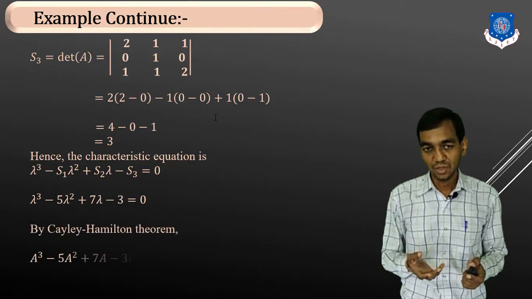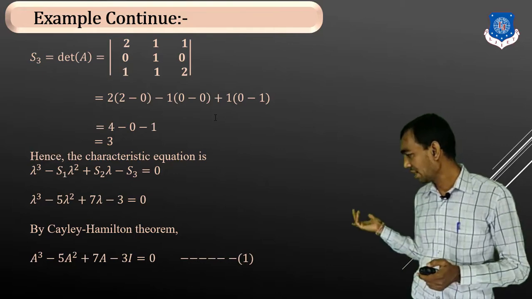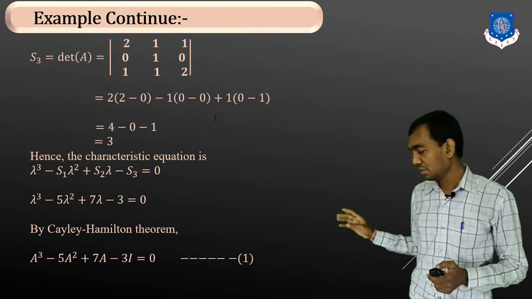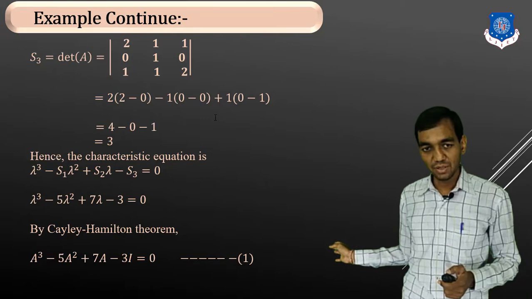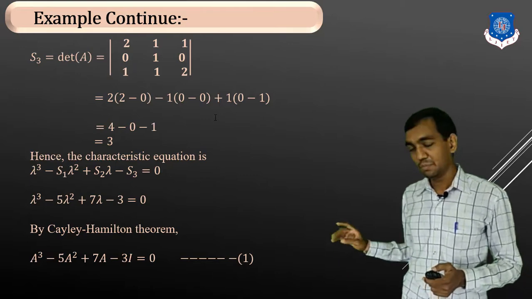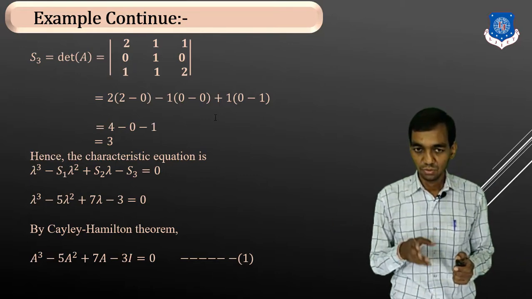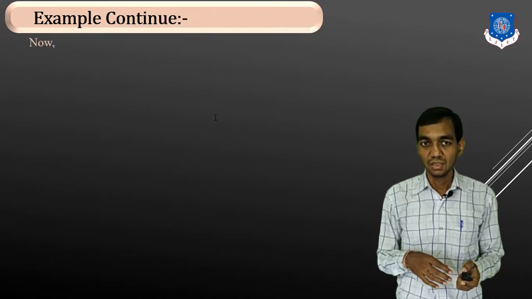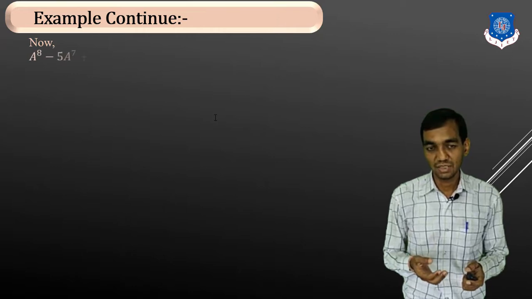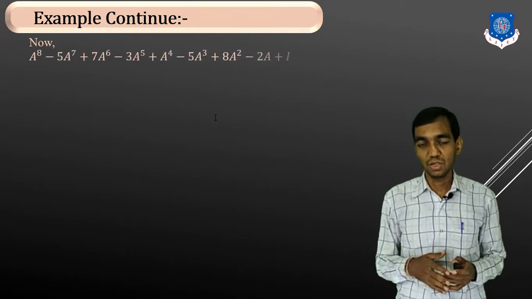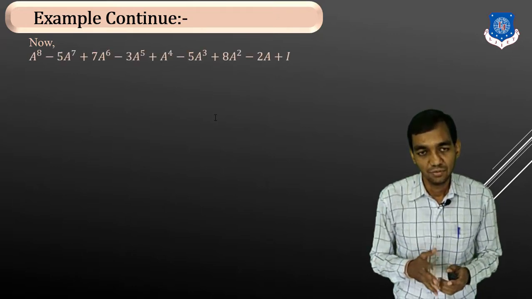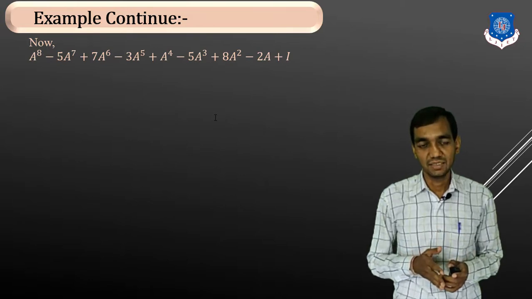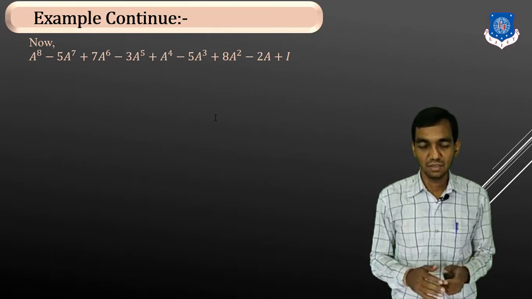Now by the Cayley-Hamilton theorem you can replace lambda by capital A. So you will have A cube minus 5A square plus 7A minus 3I is equal to 0. And we are going to start with the left hand side. Now whatever matrix we have to find, we are going to start with that matrix and adjust the terms here.